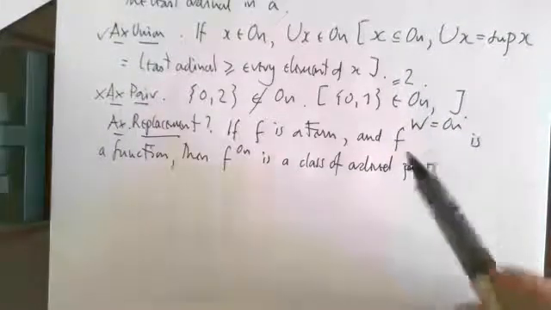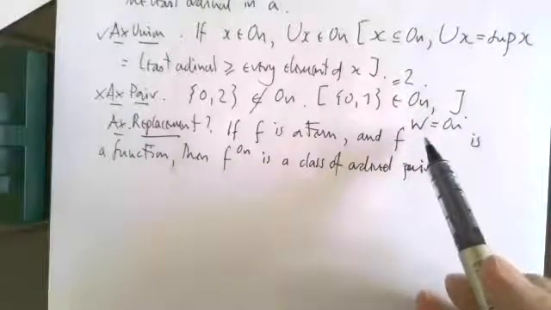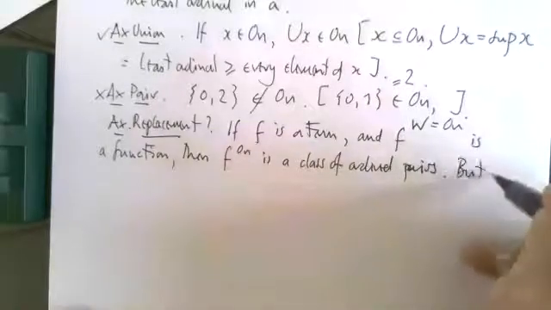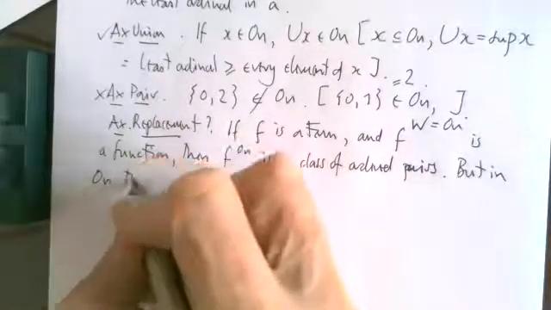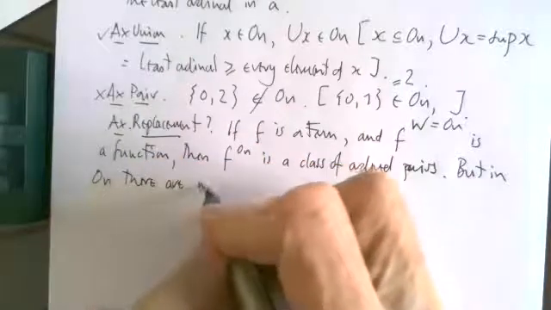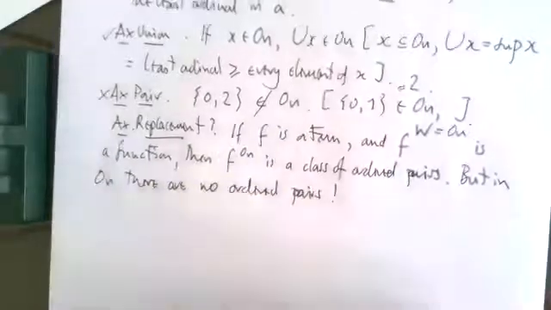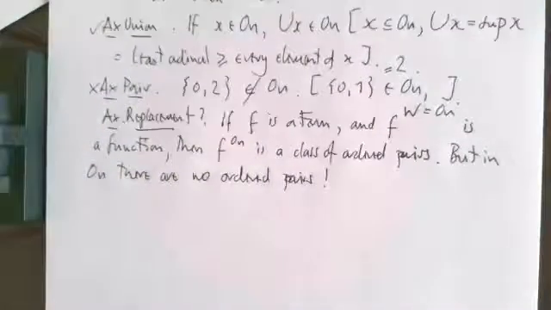But actually, in ON, there are no ordered pairs. So actually, what we've got, actually, the only function that's definable, right, if you like, is the empty function. Right?